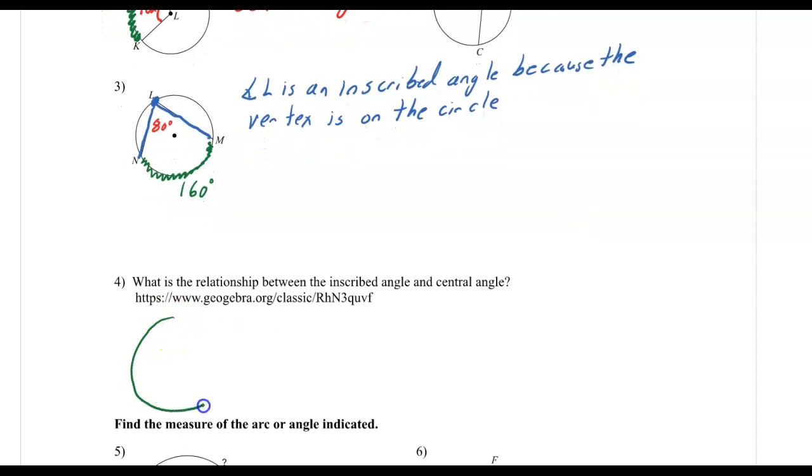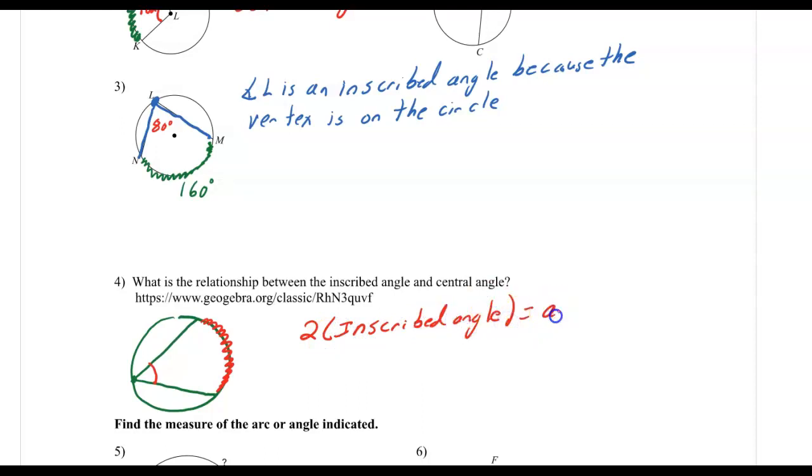So if we have an inscribed angle, and I'm going to redraw this here, and here's the arc, and there's the angle, 2 times the inscribed angle is equal to the arc. And some people in class say the arc divided by 2 is equal to the inscribed angle.